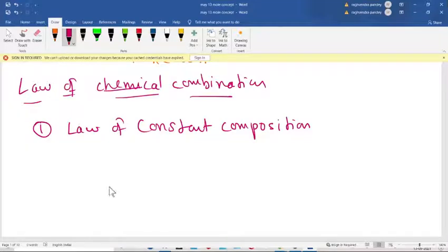Okay, in the books there is a definition, but I will just make you understand what it is.